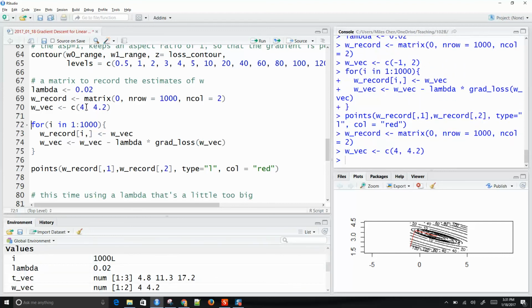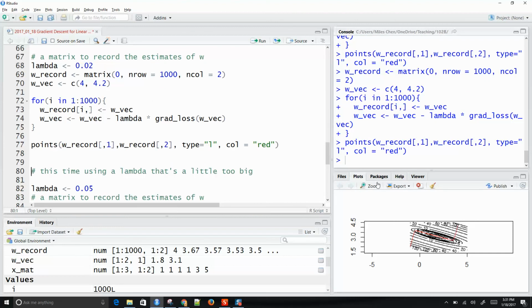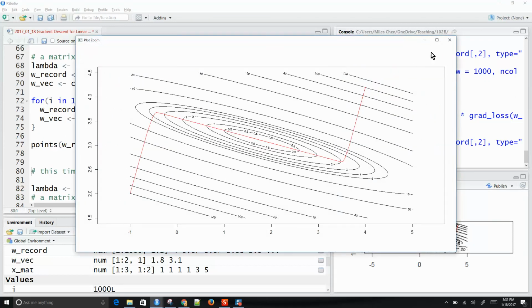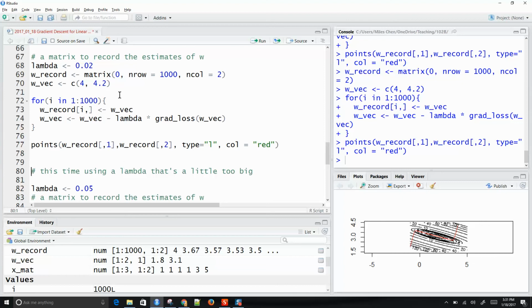We'll run the gradient descent algorithm and plot those points. Okay, I didn't delete the other one, but we're starting here. This is the direction of steepest descent. Once we get to here, the direction changes and we move along this way here. Okay, so there we have it. Let me recreate our contour plot.